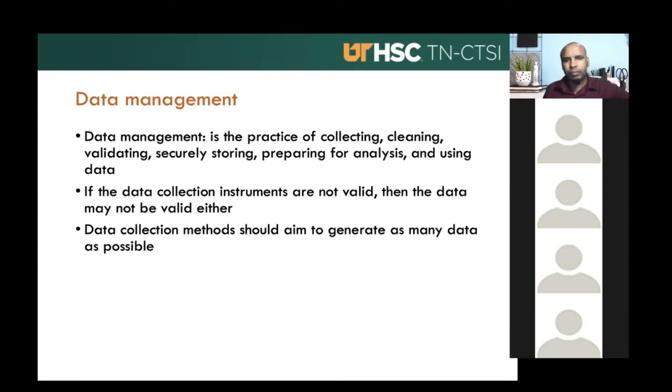So data collection methods should generate as many data as possible. When we conduct data analysis, we usually adjust for potential confounding variables.